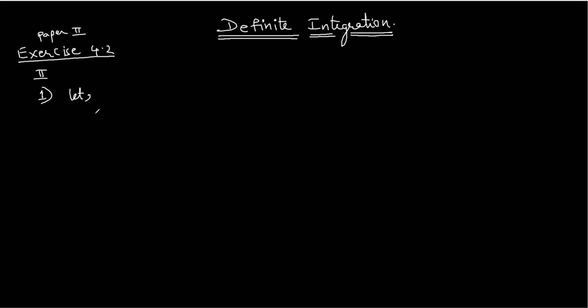So let's have one more question. Let I equal the integral from 0 to 1 upon root 2 of sine inverse of x upon 1 minus x square raised to 3 by 2 dx.